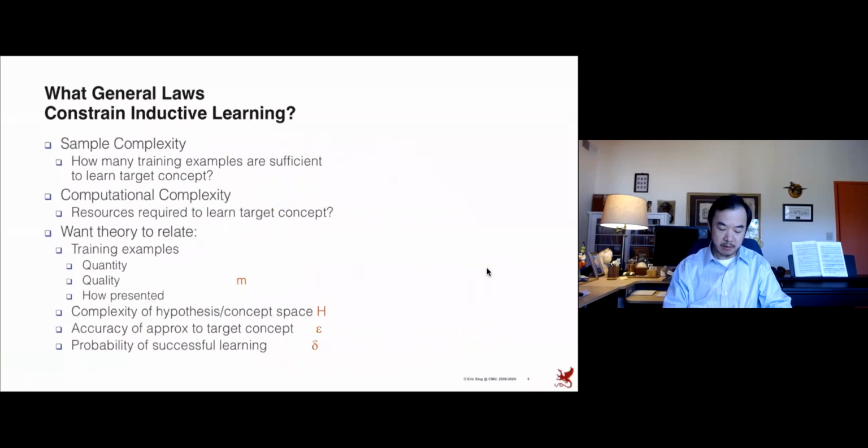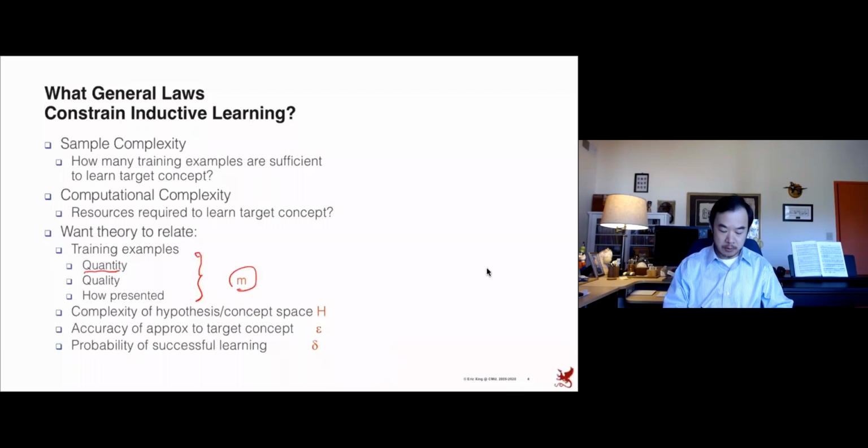And I want to have a theory that builds the connection between the following things. One is about the training examples, for example the quantity of training examples, which we call M. This is basically the notion of the sample complexity.